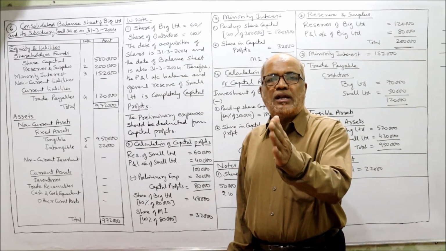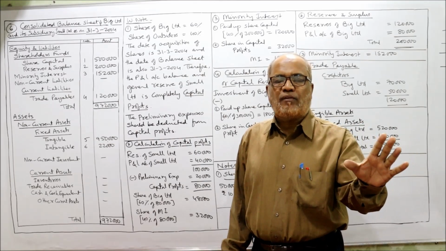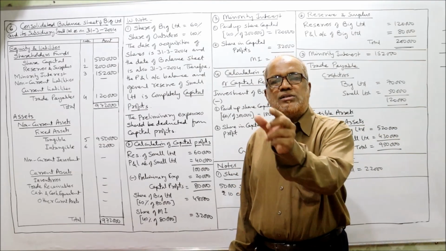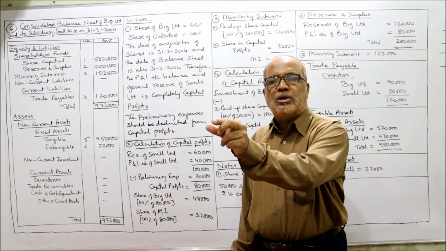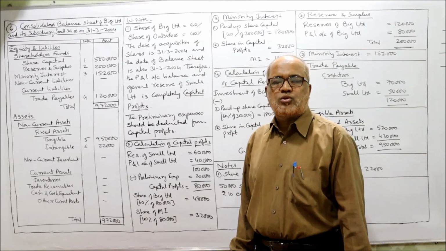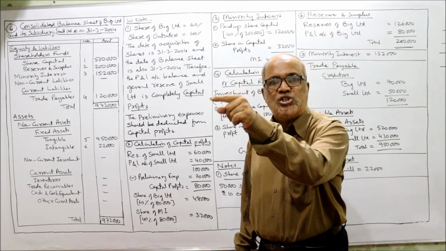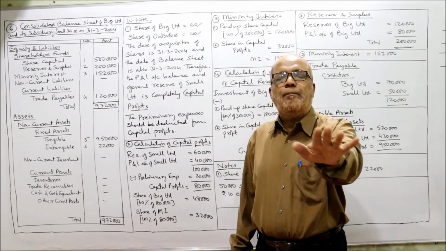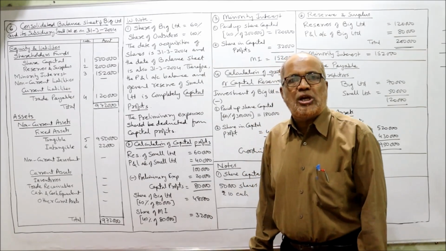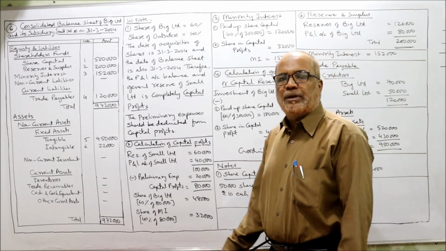Any profit or reserves before acquisition of shares will be capital profit. Whatever balance of reserves and P&L account in Small Limited, that completely will be capital profit. The preliminary expenses should be deducted from capital profit.